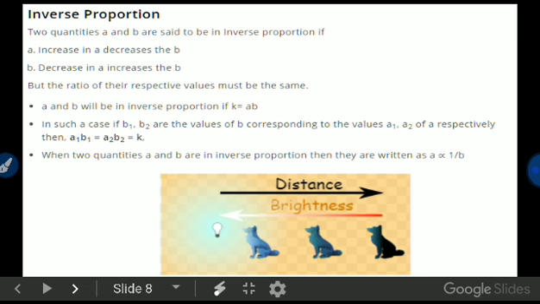In such a case, if B1, B2 are the values of B corresponding to the values A1, A2 of A respectively, then A1 B1 equals A2 B2 equals K. When two quantities A and B are in inverse proportion, we write A is directly proportional to 1 upon B, or we can say A is inversely proportional to B.